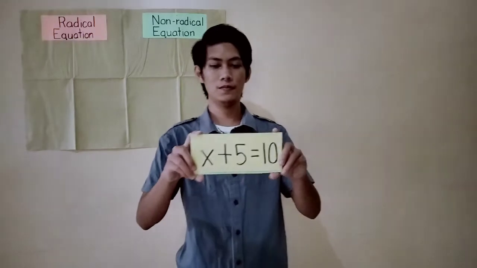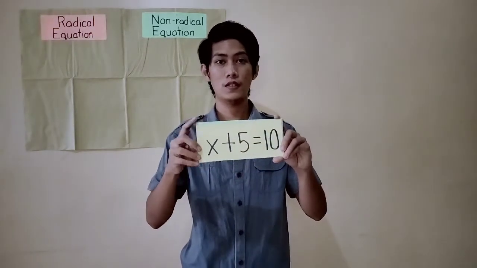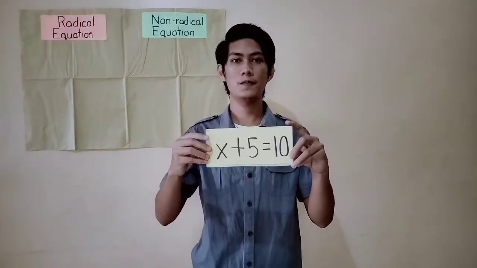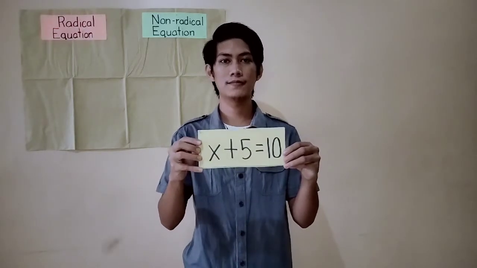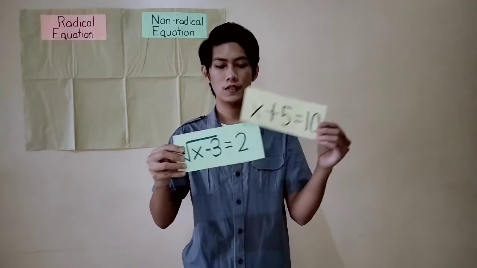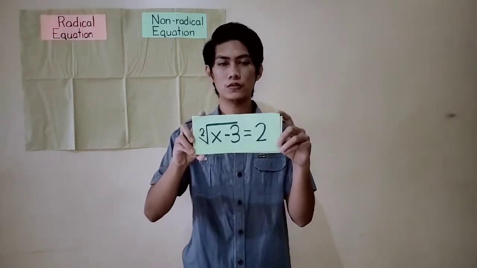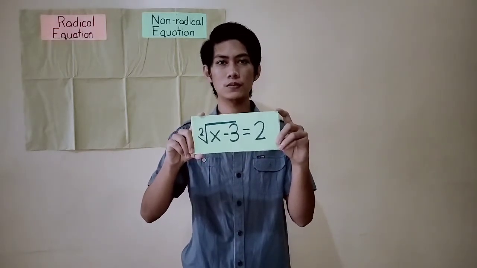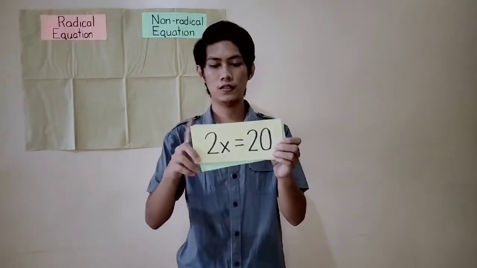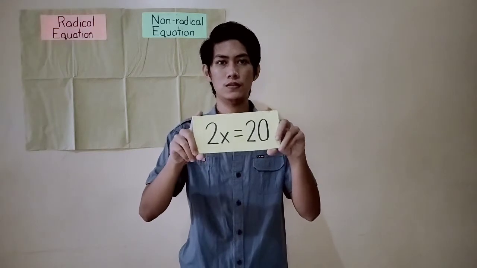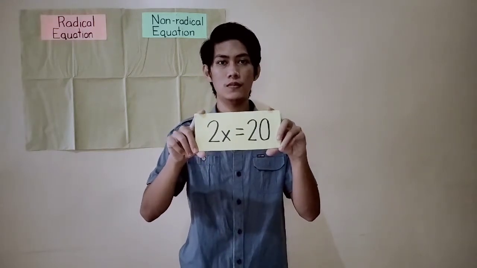So here is our first example. Can you guys see it properly? Okay, so number 1. Number 2. Number 3. Number 4.